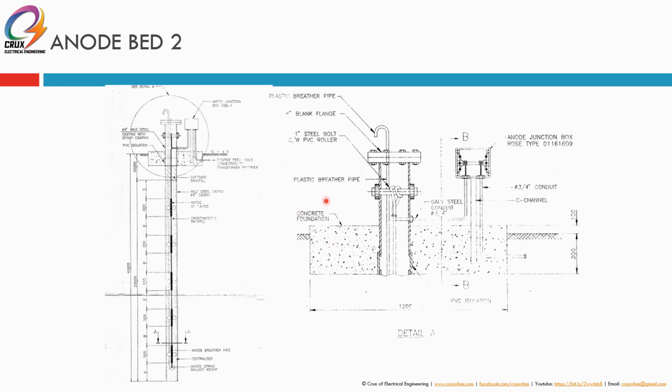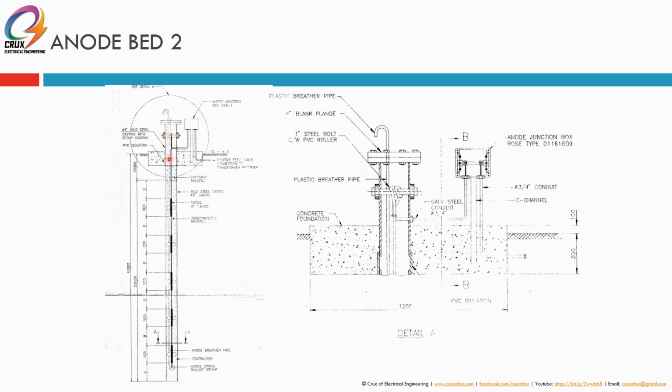Alright, so this is another type of anode bed. Also, this is the positive feed cable, also MMO type. You have a breather here to release any gases. Then your anode is tied here to the steel bolt PVC roller, so basically it's being hung here.